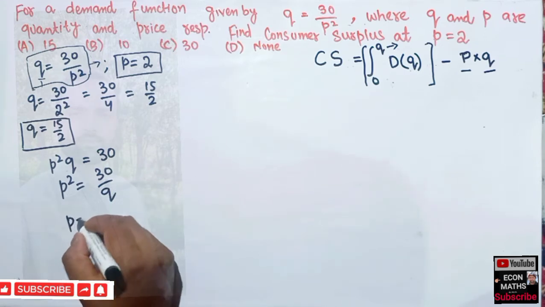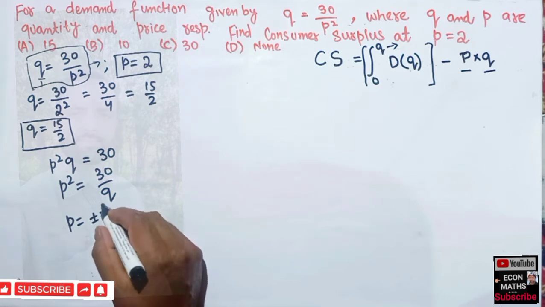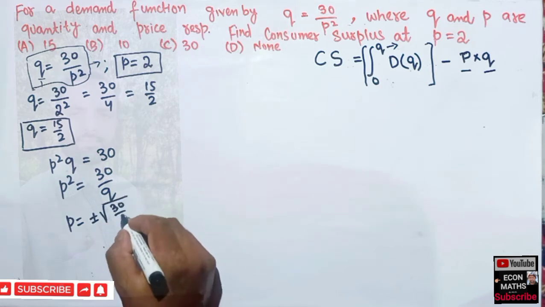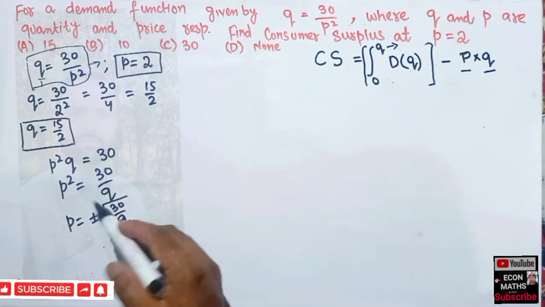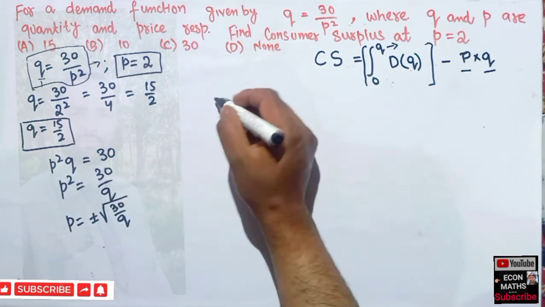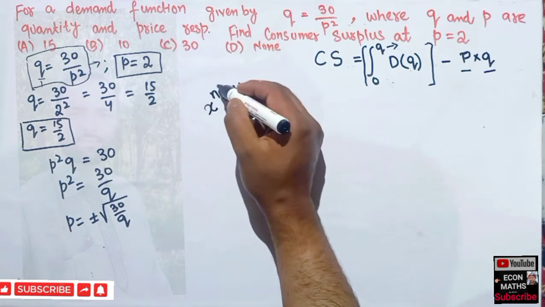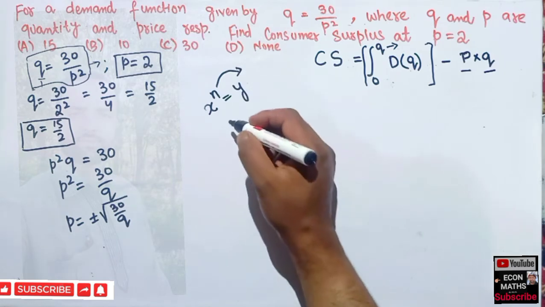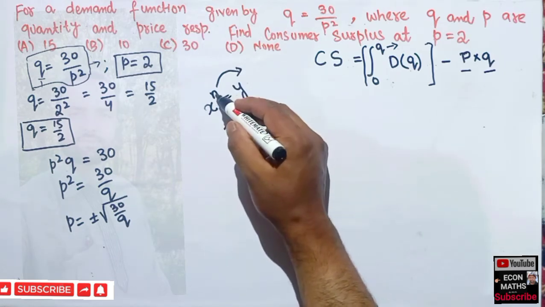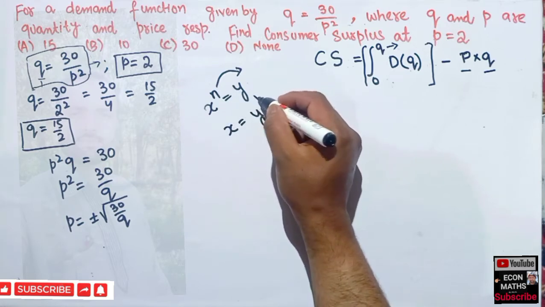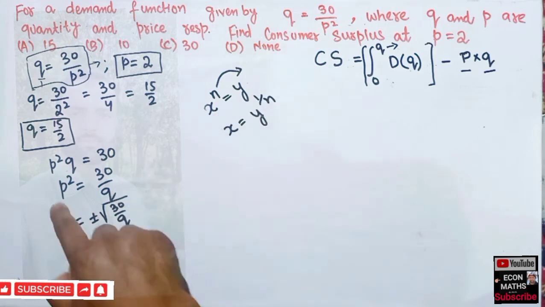Or P is equal to, we will only take the positive, the square root of 30/Q, because whenever we transpose the exponent, it gets reciprocated. If we have x to the power n equal to y, and we want to transpose this exponent, then x is equal to y to the power 1/n. That is the simple rule which I have used here.